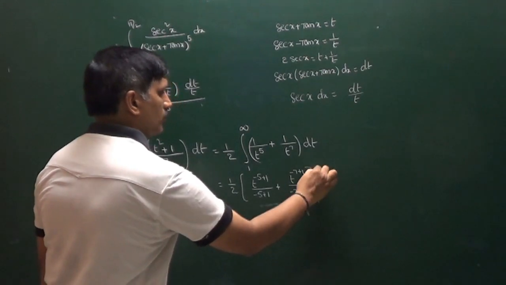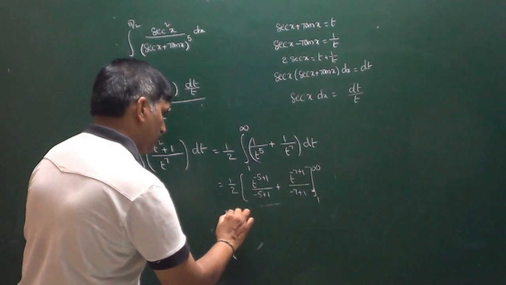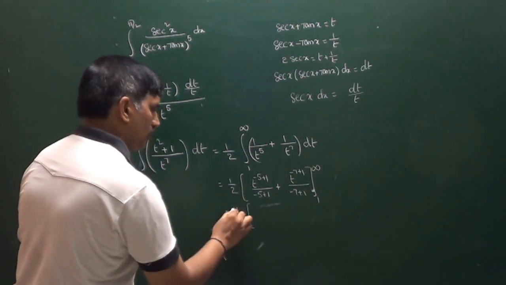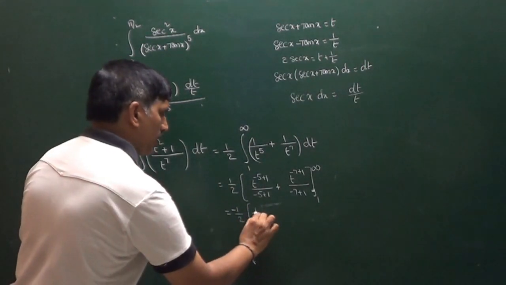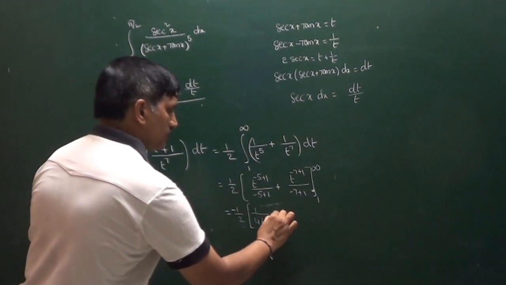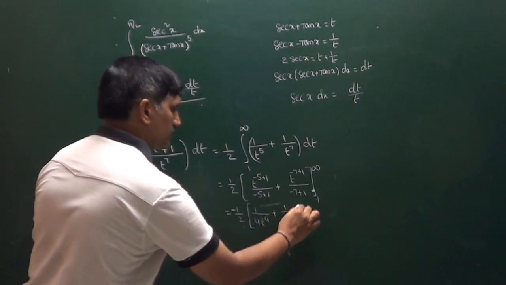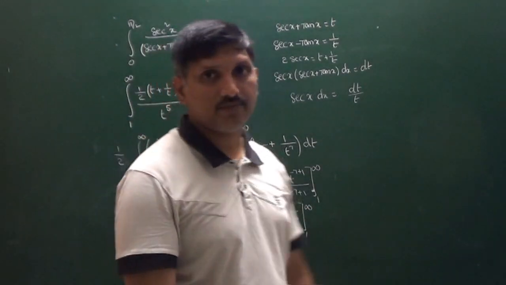Limits are from 1 to infinity. Now further we can write it as minus 1 by 2 into (1 by 4 into t power 4 plus 1 by 7 into t power 6), taking the minus common. Limits are from 1 to infinity.